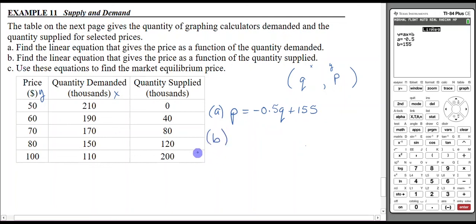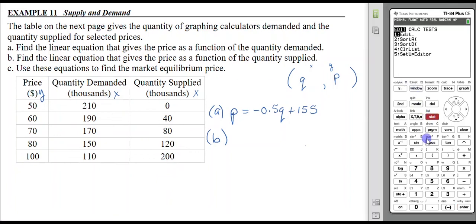Part B, we're going to do similar, except we're going to make a linear equation that gives the price as a function of the quantity supplied. So this time we're going to use this column as our x and the price as our y. So go back into the stat editor. We're going to calculate a linear regression. This time we'll take our x list from list 3.